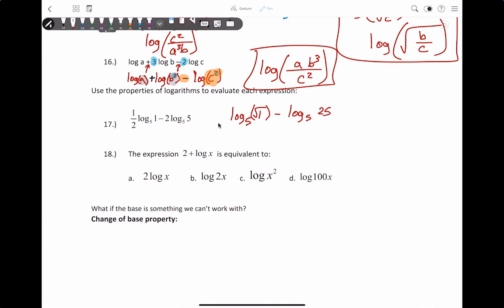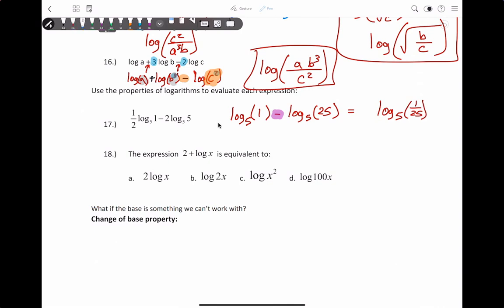And now if I wanted to solve this, well, the square root of 1 is just 1. I could just write 1 there. And because this is subtraction, I can combine with division, the laws of logs that we learned. So log base 5 of 1 over 25.